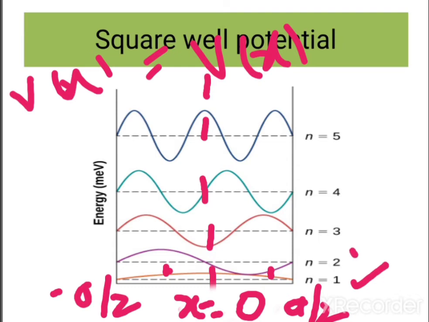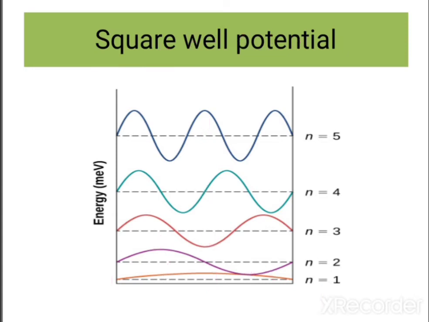Now for the first excited state wave function, if you consider one point on this peak and another point downwards, you will see that psi of minus x is giving minus psi of x, showing anti-symmetric behavior. Now similarly for the second excited state, if you consider one point here and another point here, you will find that psi of minus x equals psi of x and shows symmetric behavior.